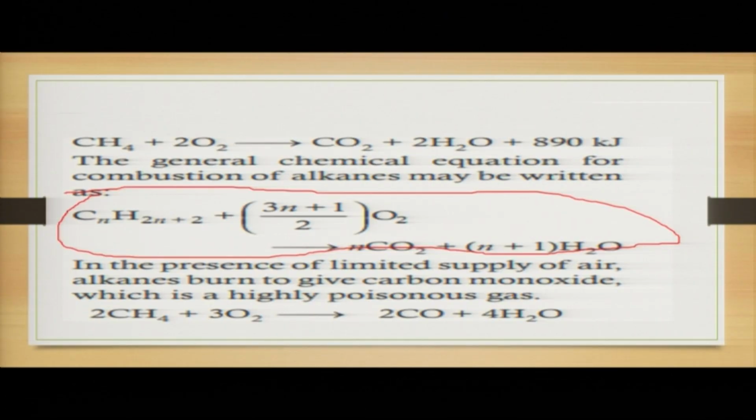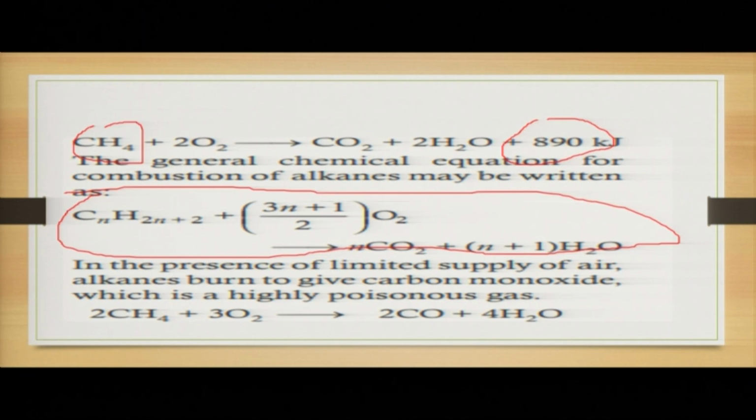You see the amount of heat that is generated, 890 kilojoules of heat. That is too much heat. One mole of methane under complete combustion produces this amount of heat.